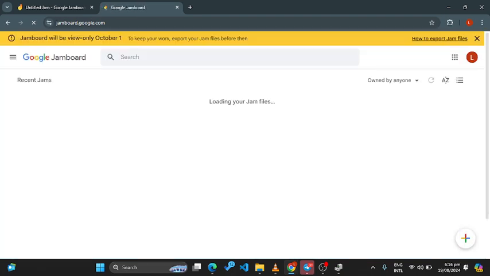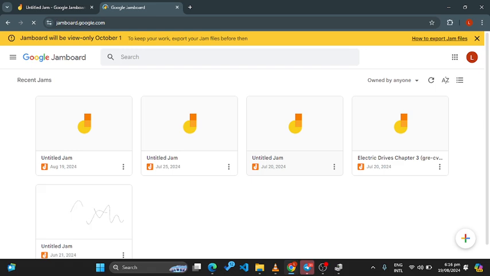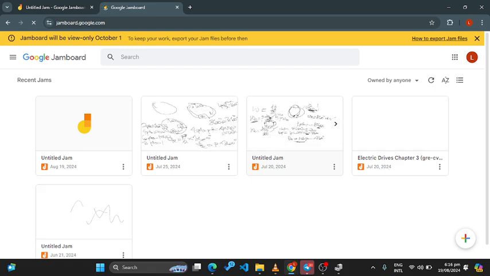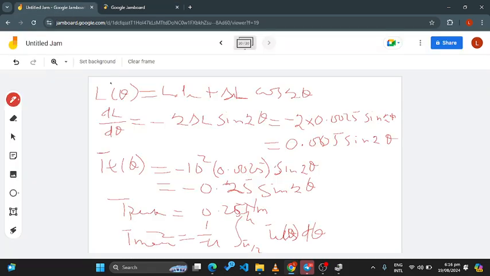Please, how did negative 0.25 become the other thing at the bottom there? Can you go back to where you were? How did the T peak come from?